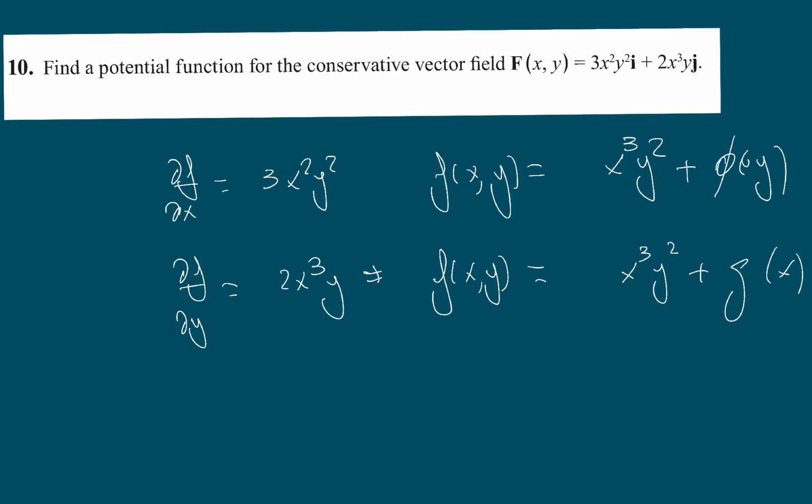When this happens, you need to fit both conditions. So both conditions are fit by saying that f of x y is x cubed y squared plus a constant c. And this is the potential.